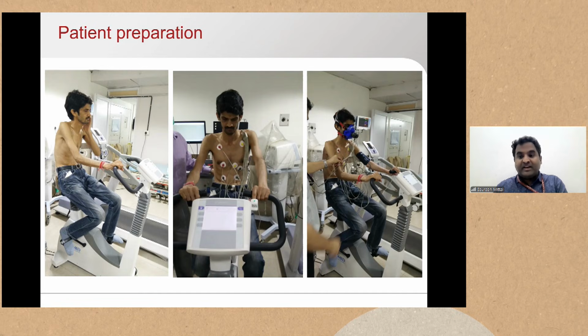There are sampling lines attached to the face mask which give us the oxygen intake and carbon dioxide output. The machine itself shows how much work the patient is doing. So this is the basic setup of a cardiopulmonary exercise test. I'm not going into the depth of how it is done, but this is how a CPET is generally performed when you are conducting the test on a cycle ergometer.